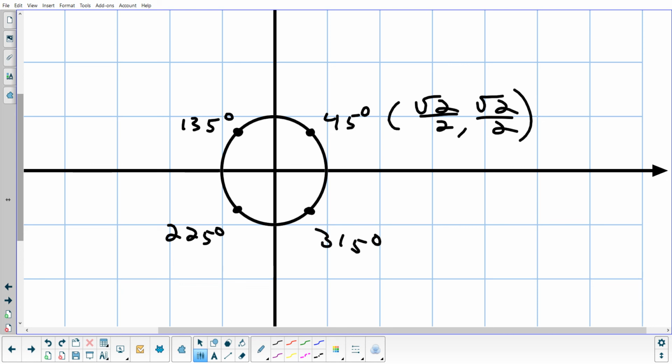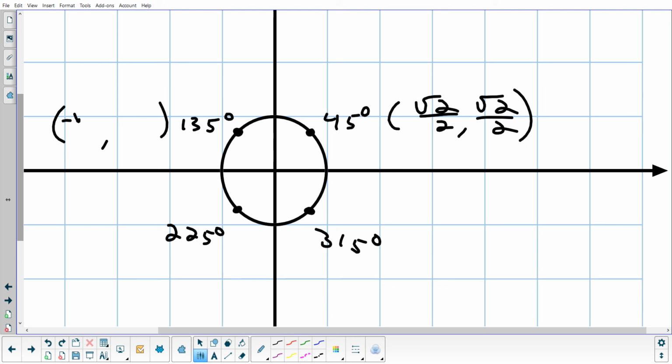I'm not going to go through all of them today, because we're going to take more of a look at this tomorrow. But anybody have a guess what the coordinate for 135 is? Jason?